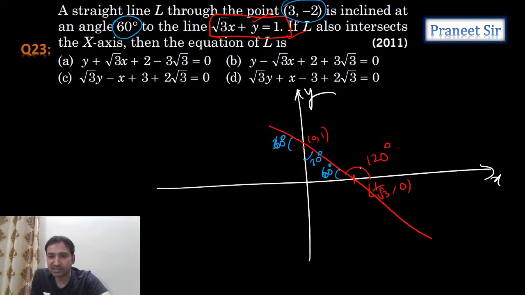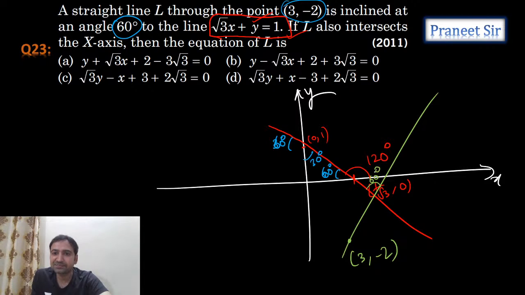Then what we can take is something like this, as it passes through 3 comma minus 2. 3 comma minus 2 is somewhere here, guys. Compulsorily, it should be something like this, where this angle is 60 degrees.